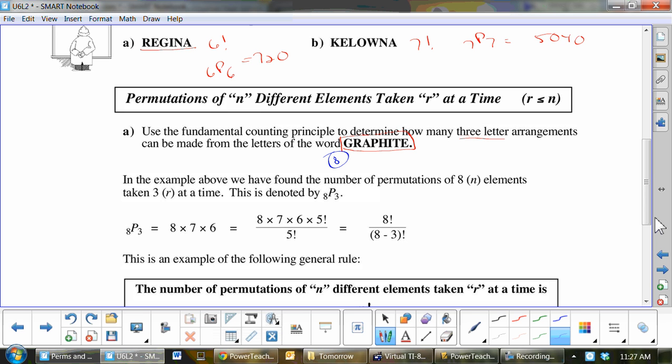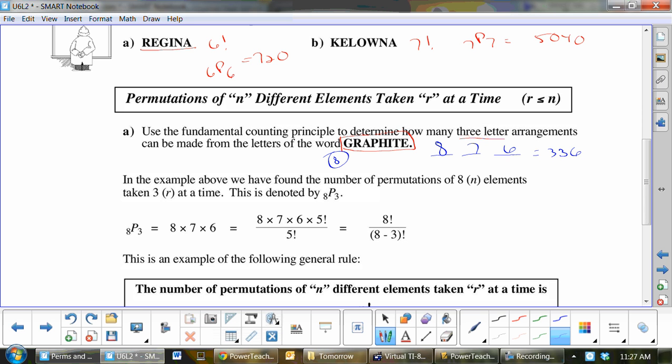Now, how would I do this using what I learned? Because you did this question 3 days ago or 4 days ago. How would I do it? 3 little slots. How many choices for the first one? Second one? Third one? 6. So 8 times 7 times 6 is 336.